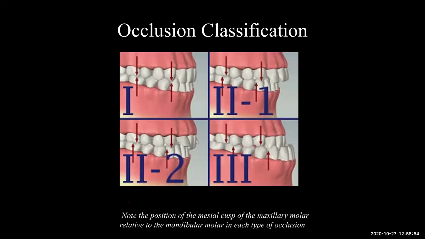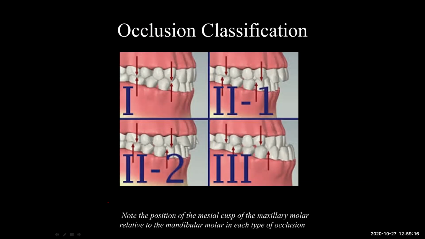Occlusion classification. You are going to be doing occlusion classifications on everybody. And we've got a chart on here. What I would recommend is to have a printout in what I'm calling your clinic notebook or clinic binder, so you have a ready reference.